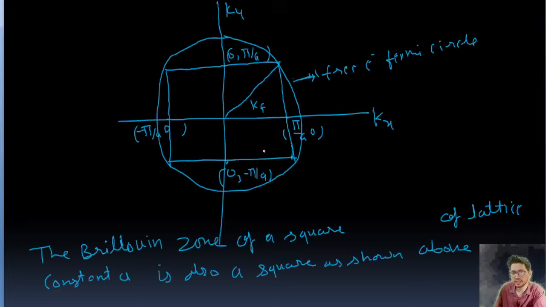Because this is height pi by a, and this is pi by a, and we can get this by Pythagoras theorem, right?